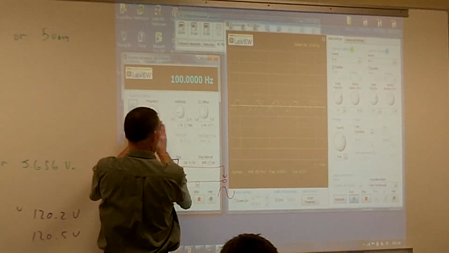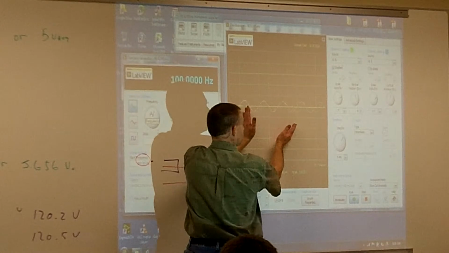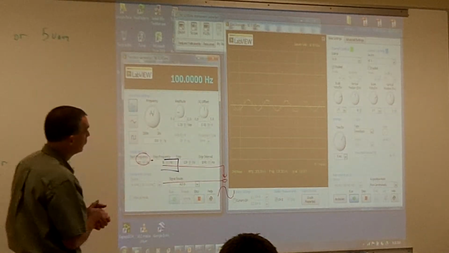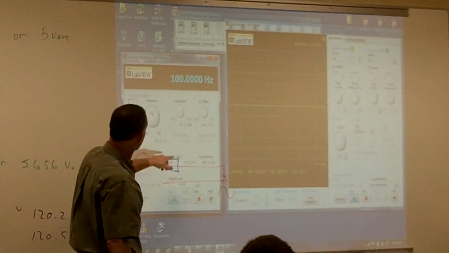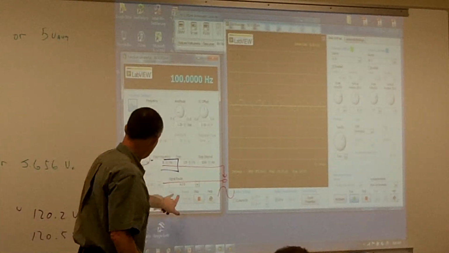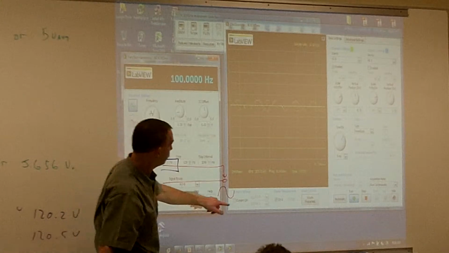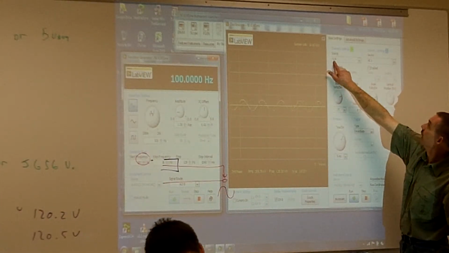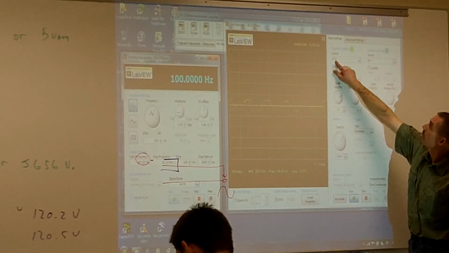This is what's being outputted, and this is measuring my output. So this is the graphical representation of what's coming out of AO 0. And for my signal route, on my source 1, I'm using my analog input, channel 0.